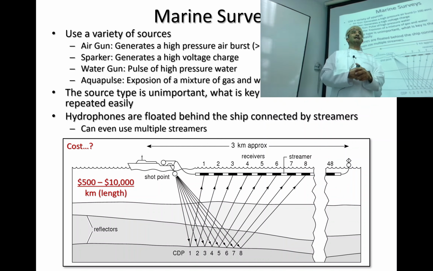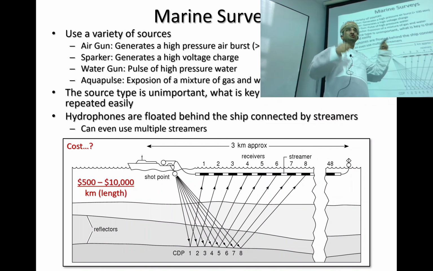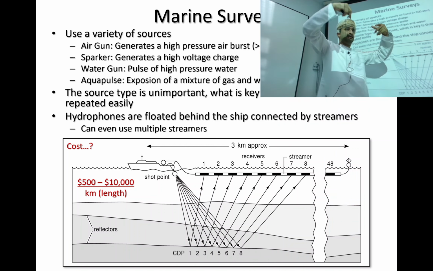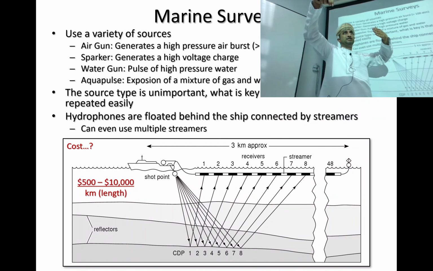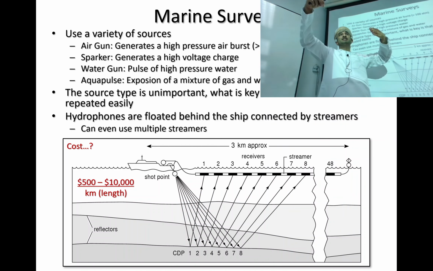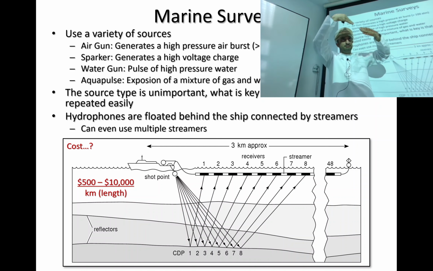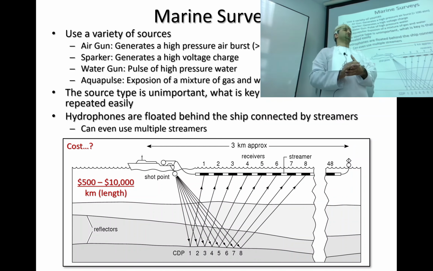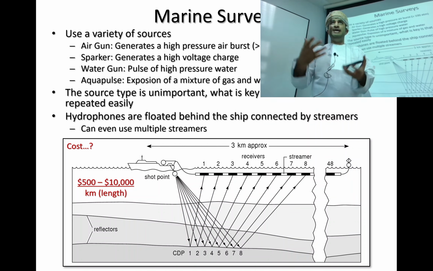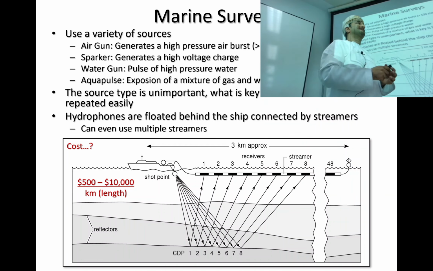For 2D, we assume the reflections happen exactly from below the line. That's the line, this is the shot point. We assume they happen exactly from below, which is not usually true. So in reality, it's good to record 3D data.